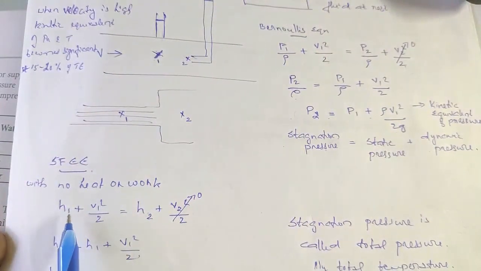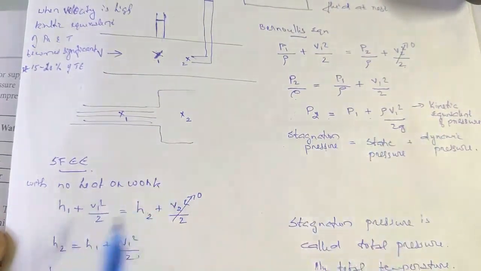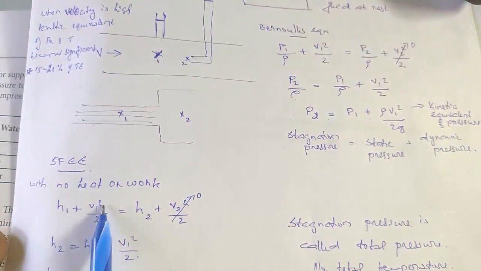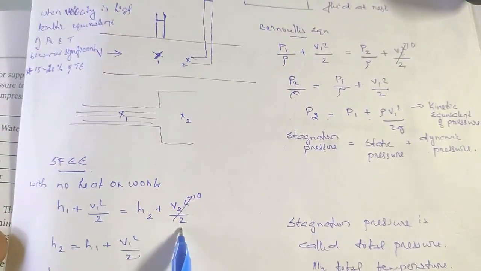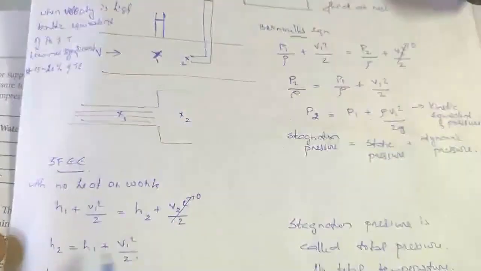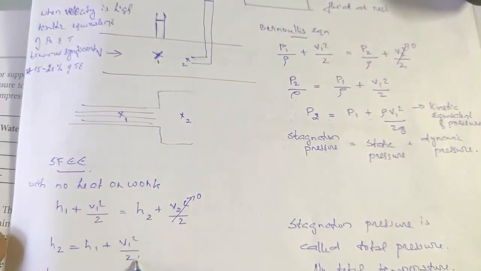Then the steady flow energy equation becomes H1 plus V1 square by 2 plus Z1. We are neglecting the potential energy difference also. Then it will be simply H1 plus V1 square by 2 is equal to H2 plus V2 square by 2. V2 is considered to be stagnant, so 0. So H2 is equal to H1 plus V1 square by 2.